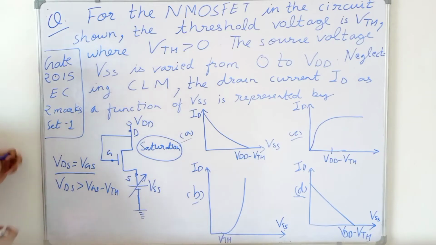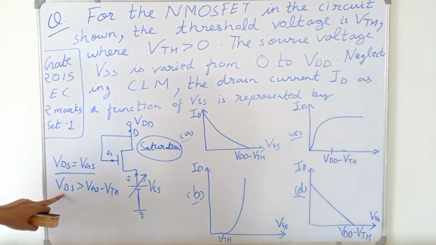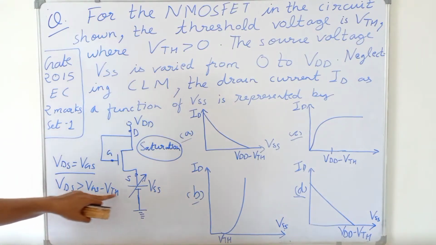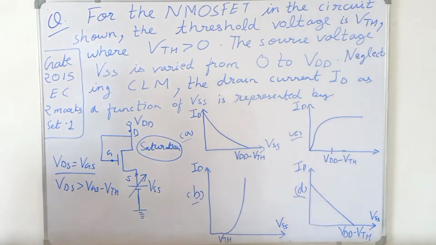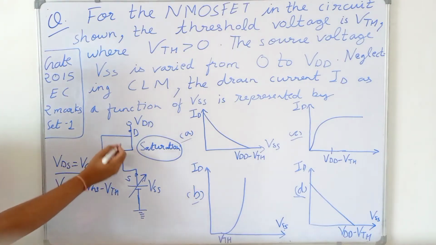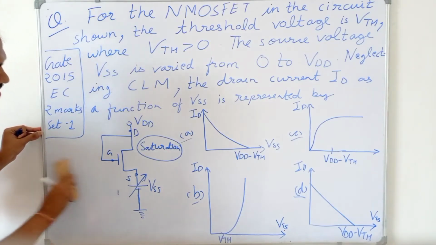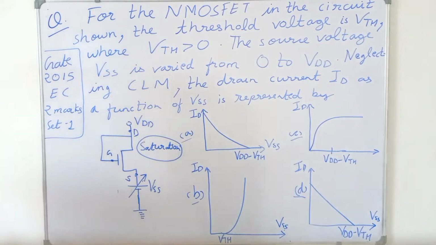This is the reason this MOSFET always operates in saturation mode only. The condition for saturation mode is that VDS has to be greater than VGS minus VTH, and here VDS is equal to VGS because drain and gate are shorted.